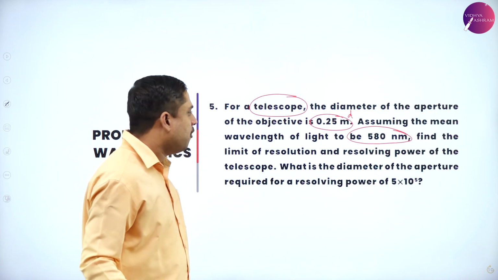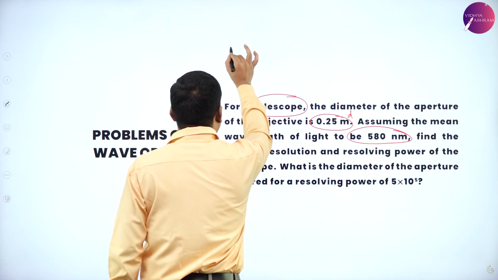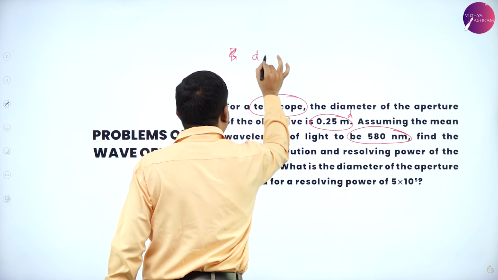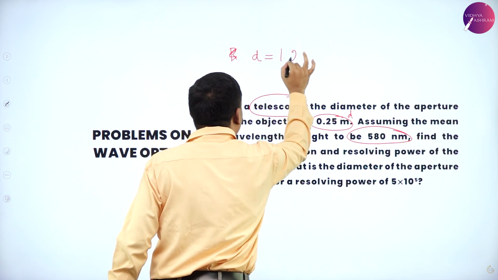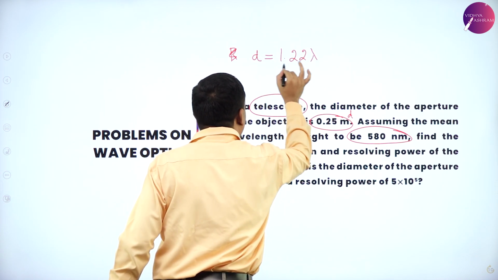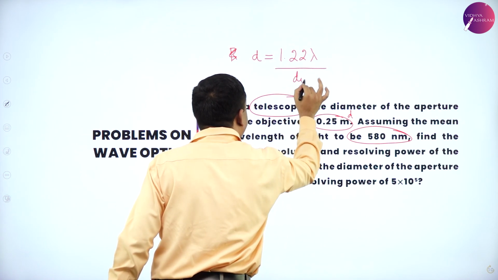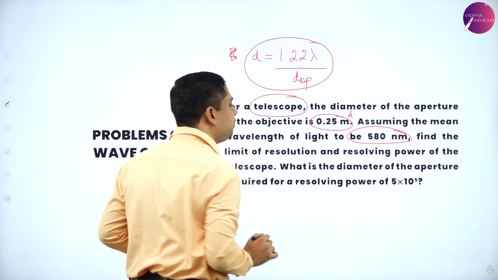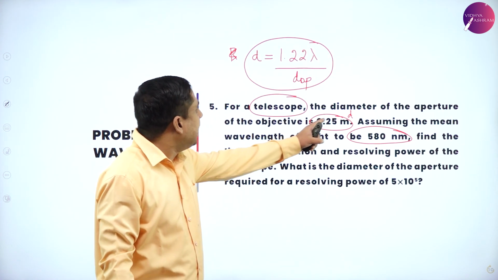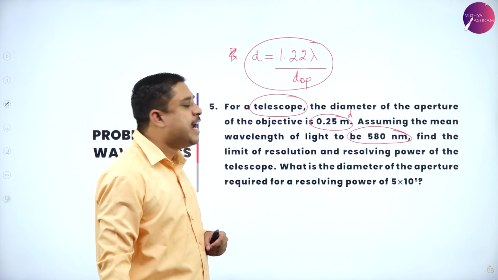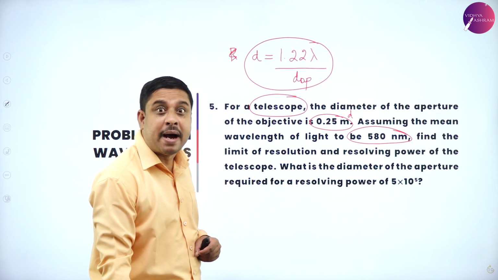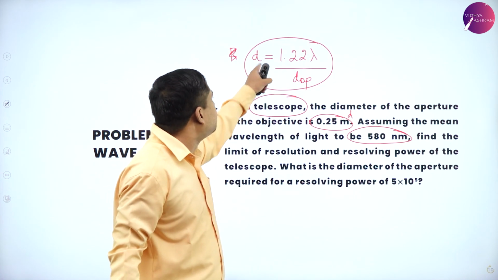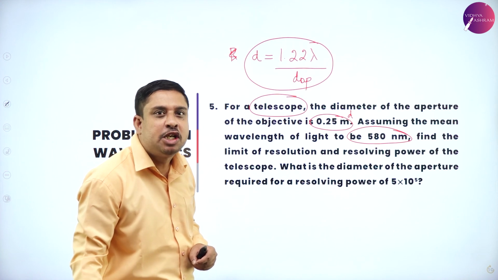Very simple. For a telescope, limit of resolution D is 1.22 lambda divided by diameter of the aperture. The wavelength is 580 into 10 power minus 9. Diameter is 0.25. Substitute, you get limit of resolution.